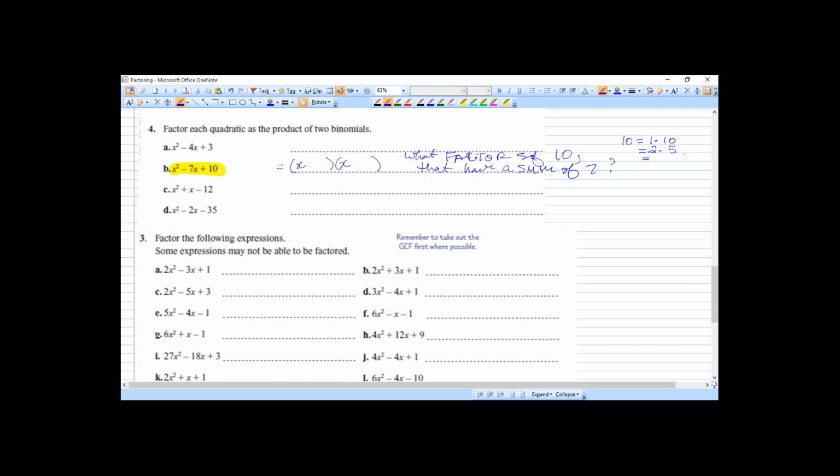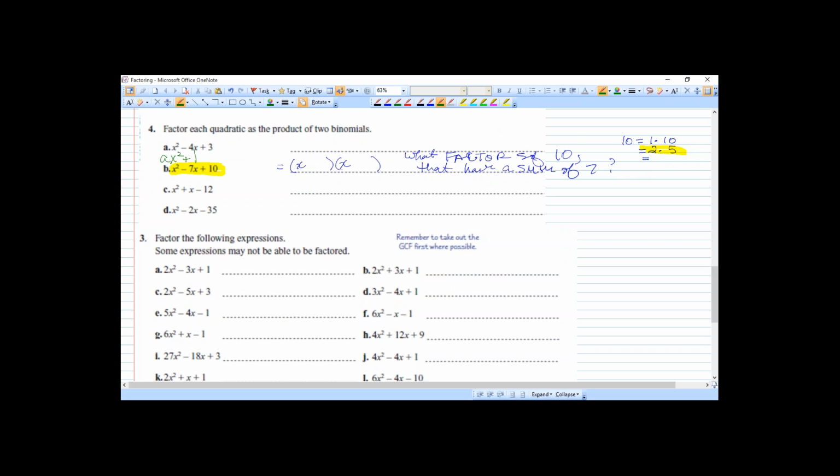Now, do any of these pairs that I've written, like 1 times 10, 2 and 5, have a sum of 7? Well, yes, they do. Look at the 2 and the 5. These guys answered the AC method question. Where did I get the 10 and the 7 from? We want to look at if there's an ax squared.